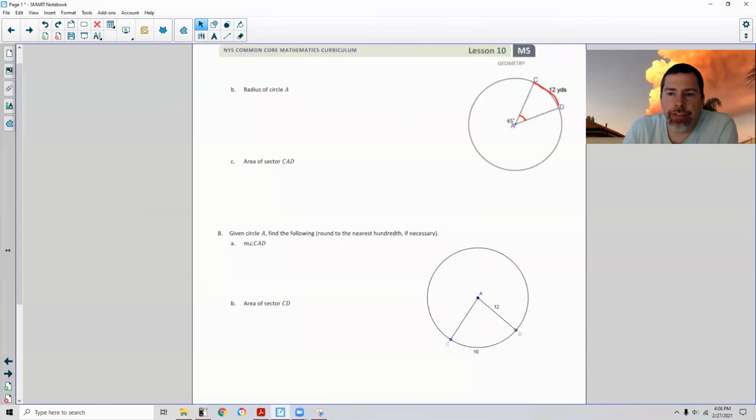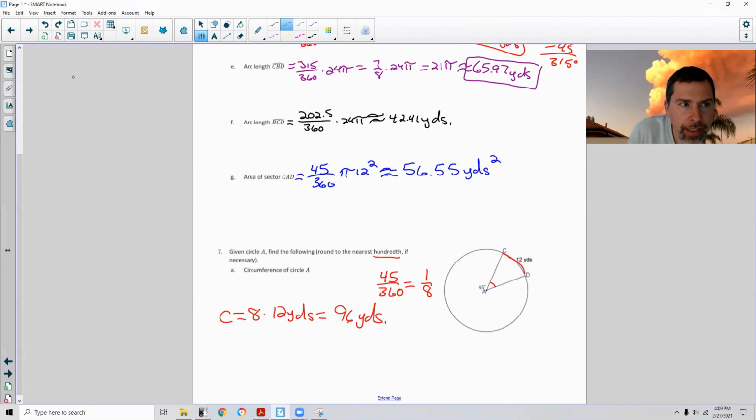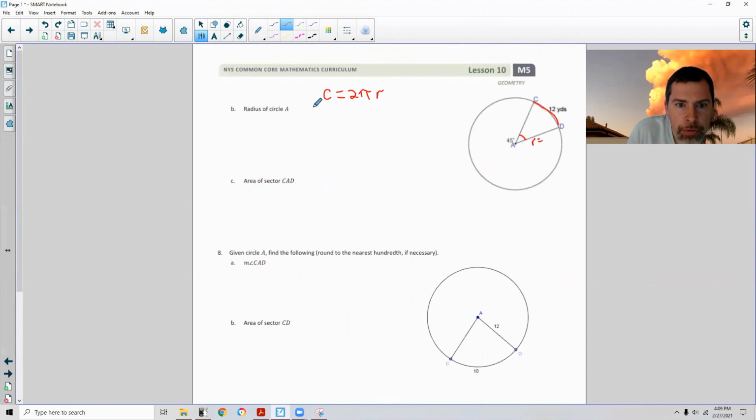Okay, page 5. I copied the circle over, so it's the same circle from the prior page. Now it's asking for the radius of circle A. So now we're going to find what that radius is. If I know the circumference, C equals 2 pi r, and I know the circumference from the last page is 96 yards, then I put 96 equals 2 pi r.